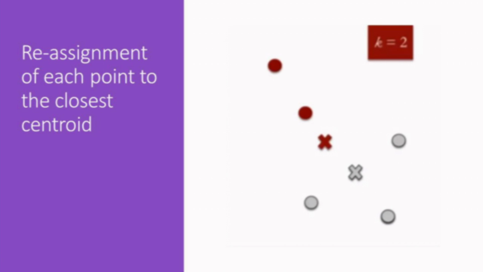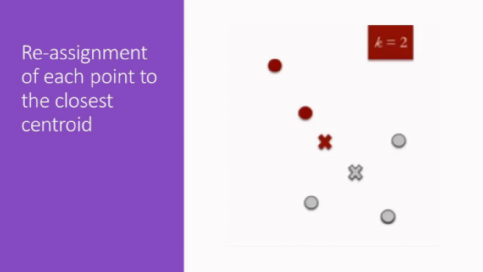Why? Because it is closer to the gray centroid, the gray mean, versus the red mean. And so this is what the cluster analysis literally does, just to give you a visualization. It is crucial that we ensure that all data points agglomerate onto a central mean, onto a centroid.